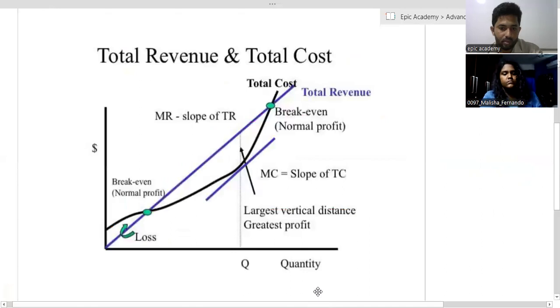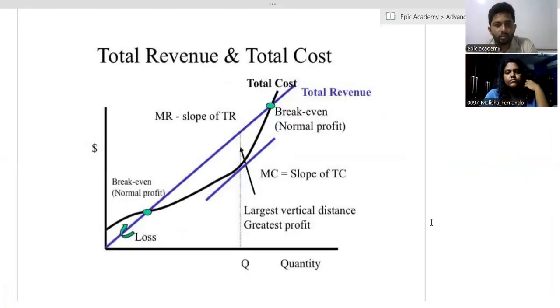Looking at this curve, just carefully look. This also represents a break-even point, isn't it? This is one break-even point. Another break-even point is there. Just before that break-even point, just identify total cost taking greater value than the total revenue.